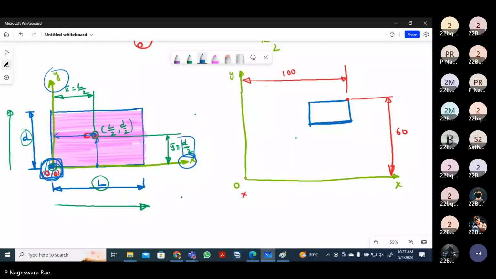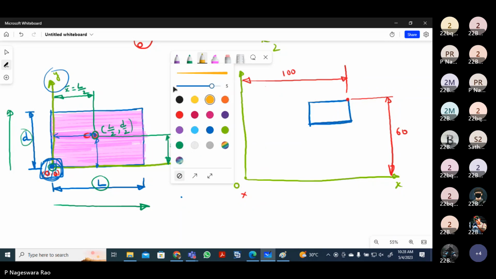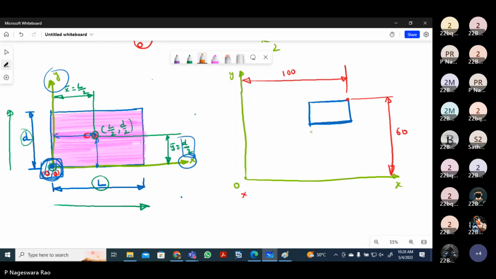I am giving the rectangular dimensions now. The length of the rectangle is, for example, 30 mm, and its depth will be 20 mm.